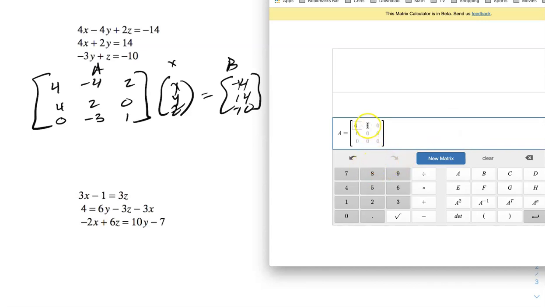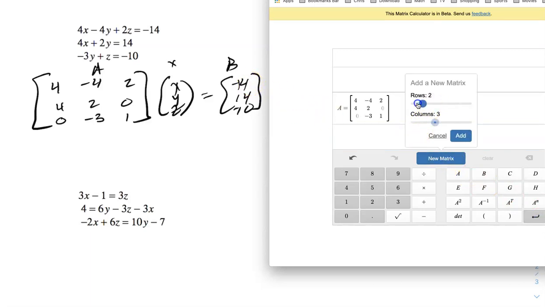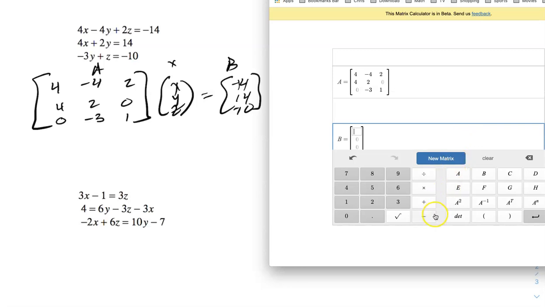So 4, negative 4, 2, 4, 2, negative 3, and 1. Done. New matrix. Put my constant matrix as a 3 by 1. There we go. So negative 14, 14, and negative 10.